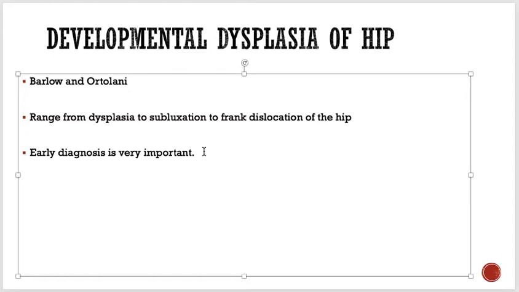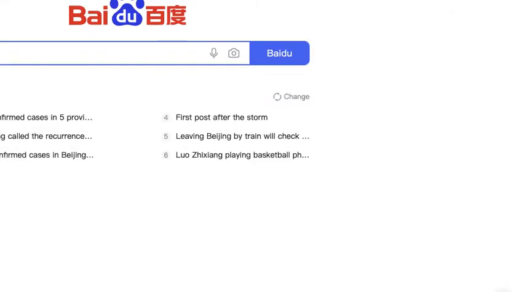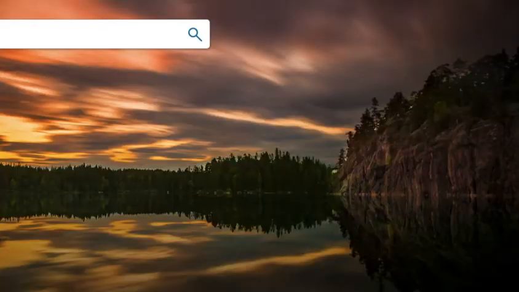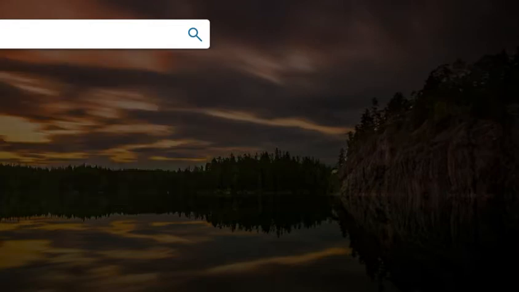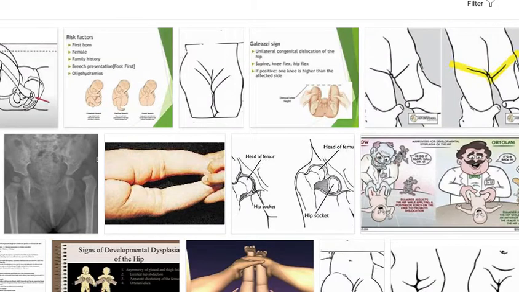For example, I will show you something, maybe if I can find it on bing.com, because I cannot use Google right now. So if you see, DDH skin folds. Okay, see, yes, we found this. Basically, this one is like the drawings.